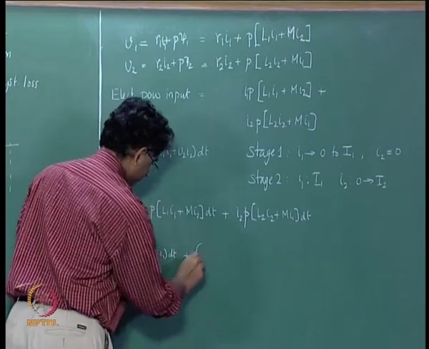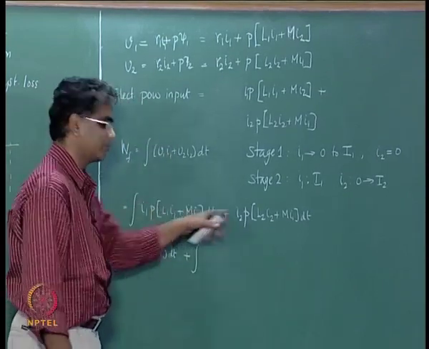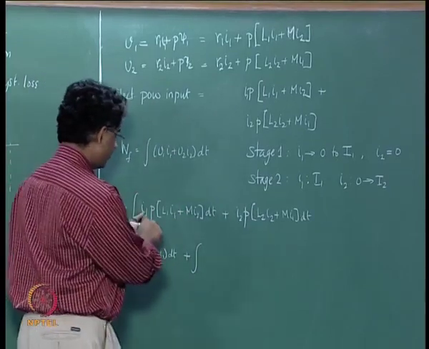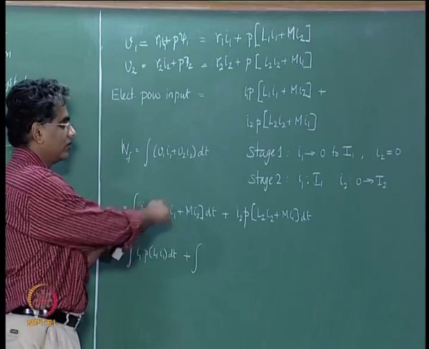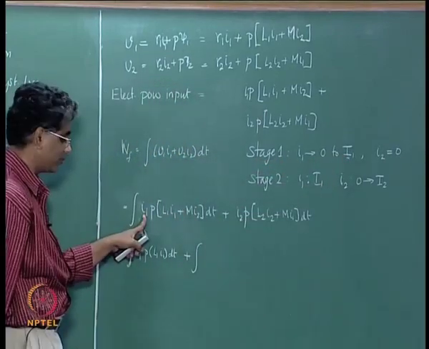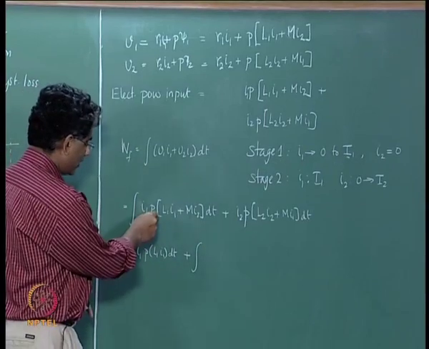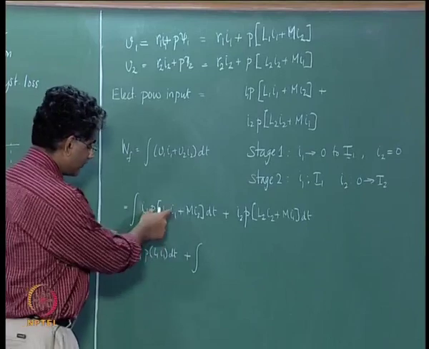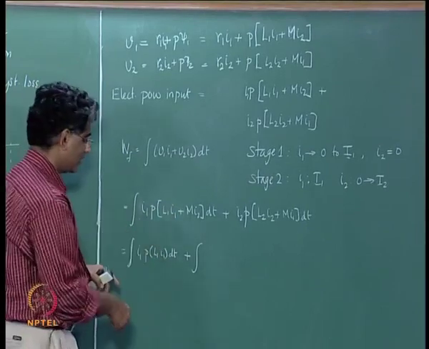So in the first stage the integral is only this much, plus in stage 2 what happens to this integrand? In stage 2 I1 has already reached a value equal to capital I1, and therefore P of L1 I1 is 0. So the first term does not give anything.